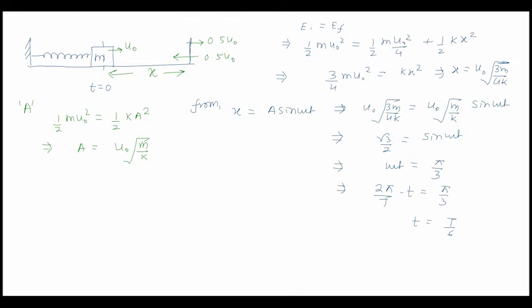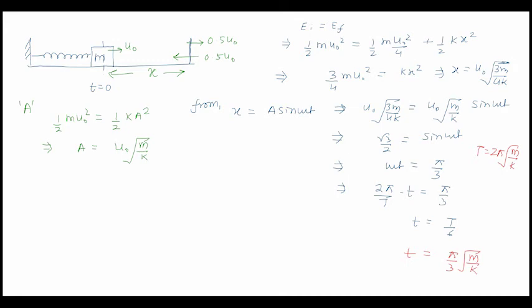The total time of SHM was equal to 2 pi root over m by k. So if we put the value of total T, we get t is equal to pi by 3 root over m by k. So this is the time that we have.